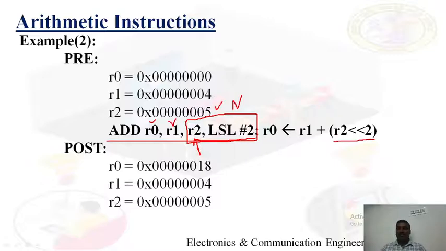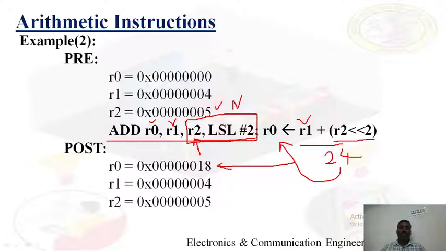Then shifted by 2 positions means it is multiplied by 2 again, 10 into 2, that is 20. Then 20 plus 4 is 24 in decimal. That result is stored into R0. 24 in decimal is nothing but 18 in hexadecimal, because the arithmetic and logical instructions always result in a binary value only.